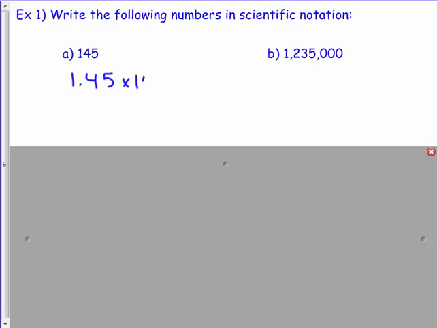So in example 1, I'm going to start with 145. Decimal point is there, so I'm going to move it over 2 places. So it's 1.45 times 10 to the 2nd.